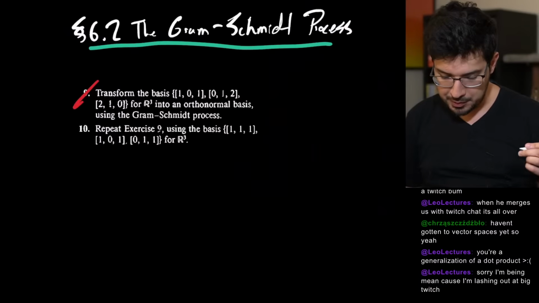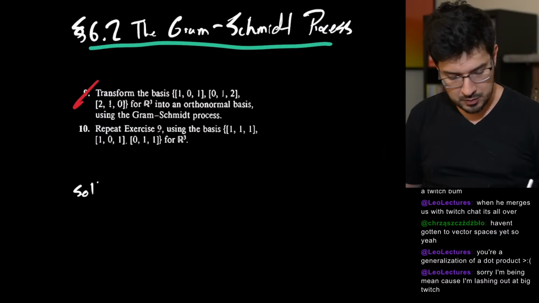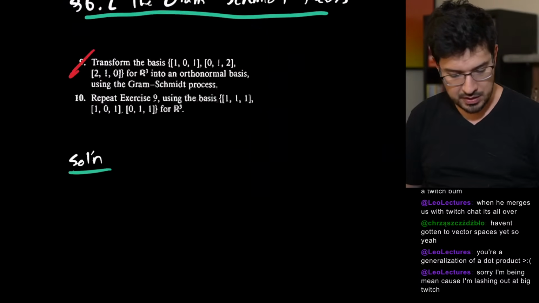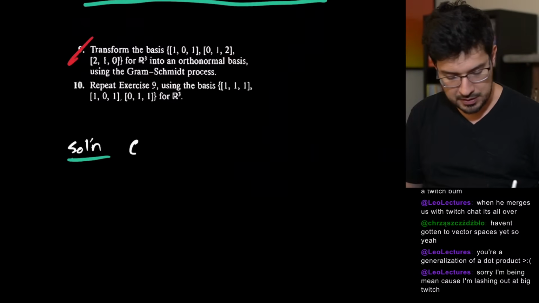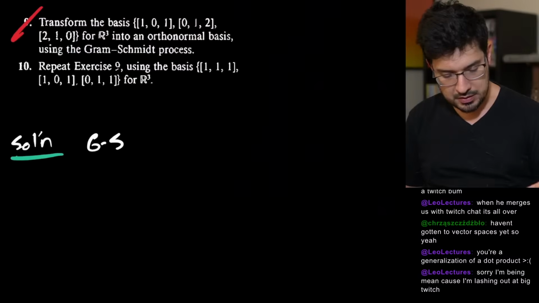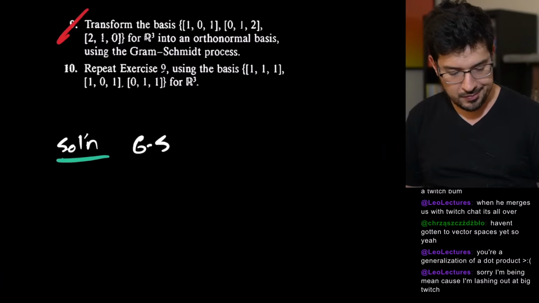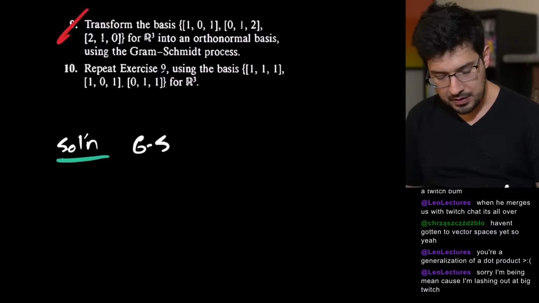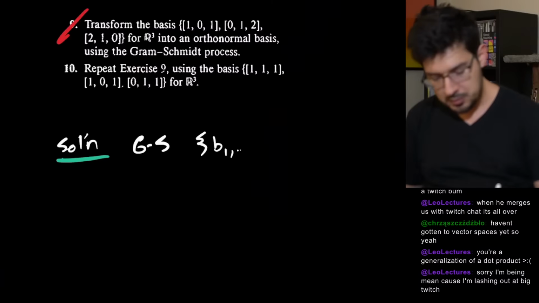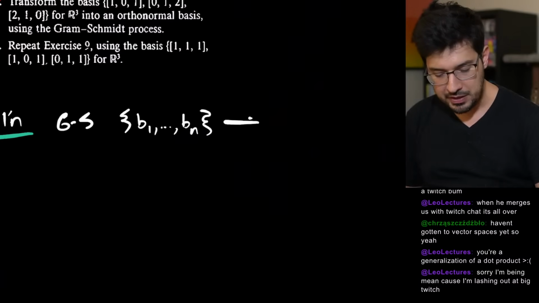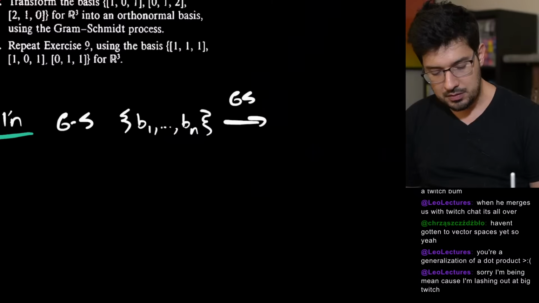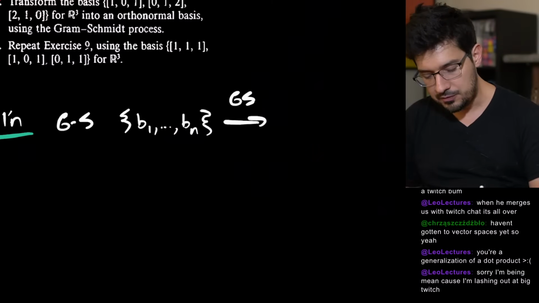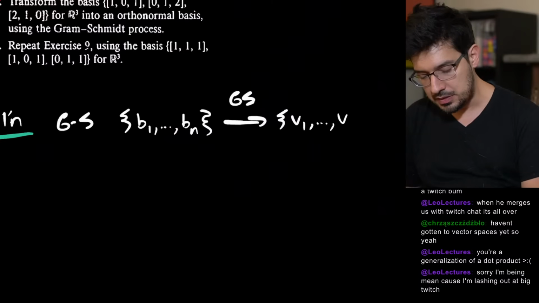All right, so the Gram-Schmidt process. I'm moving very slow today. Gram-Schmidt's process says that if you have an arbitrary basis for a vector space, we can apply an algorithm to convert it to an orthogonal basis.